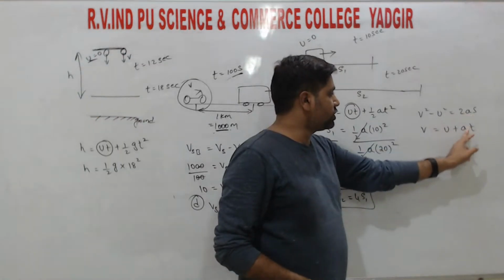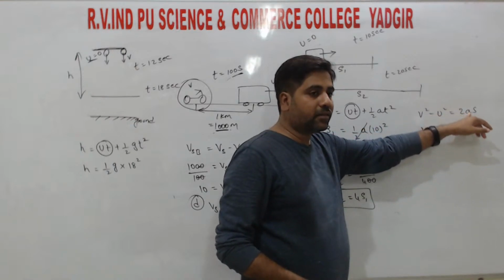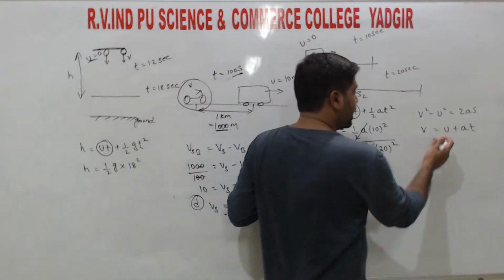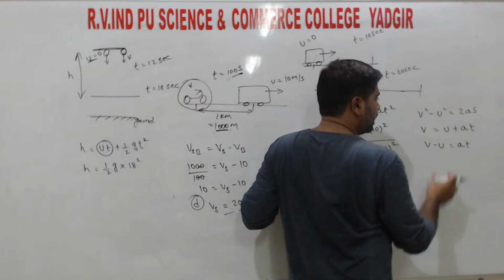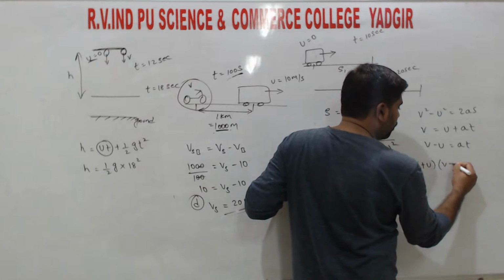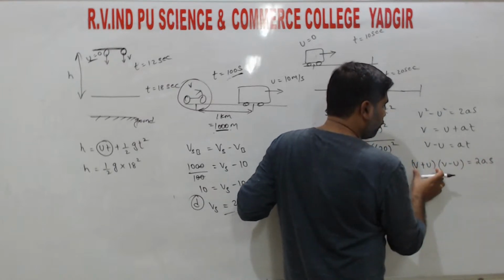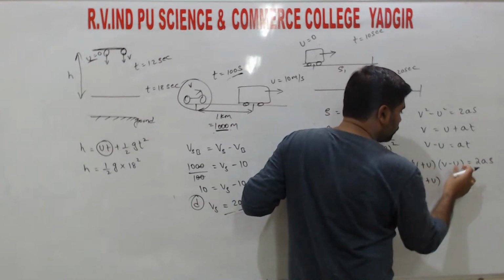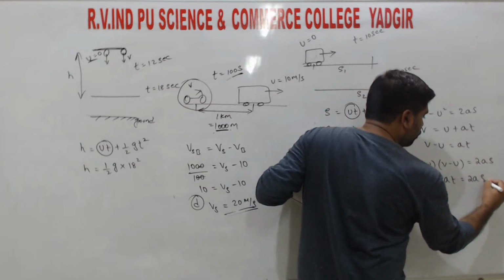Velocity given, A is constant, so A is the same. So in the first relation we need to find A, then substitute here and we get the value, right? Or we can write V minus U is equals to A into T, right? So V square minus U square, we can write V plus U into V minus U, that is equals to 2AS. So V plus U, keeping as is. V minus U we can write as A into T, that is equals to 2AS.